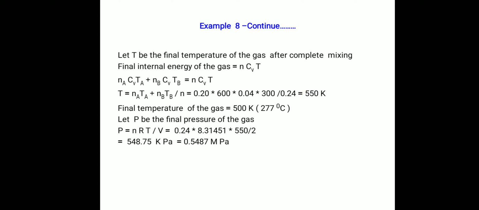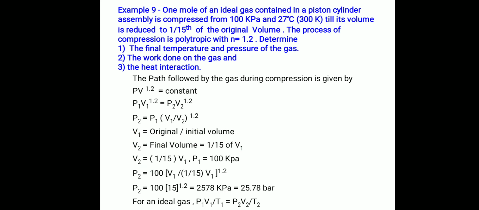We know the value of R, and the total volume, that is 2 meter cube of the tank. Applying these values, we get the pressure as 548.75 kilopascal or 0.5487 megapascal. So in this way, we can calculate the pressure and temperature of the final tank.